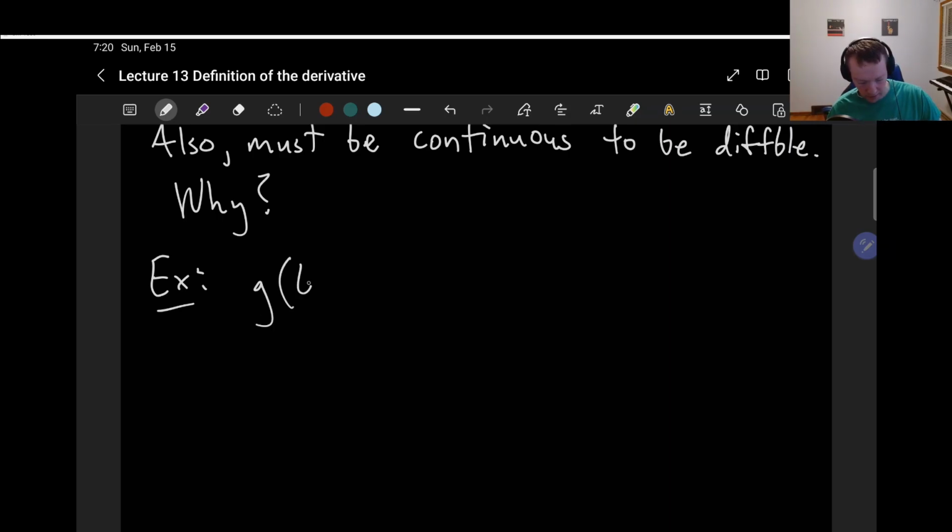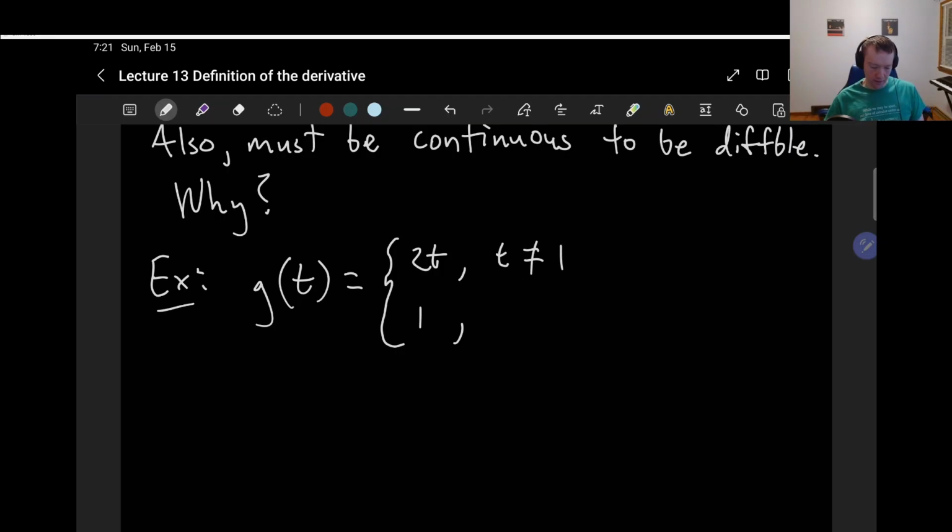Let's use some different letters. We'll make a piecewise function. Looks like 2t at every point except when t is 1.